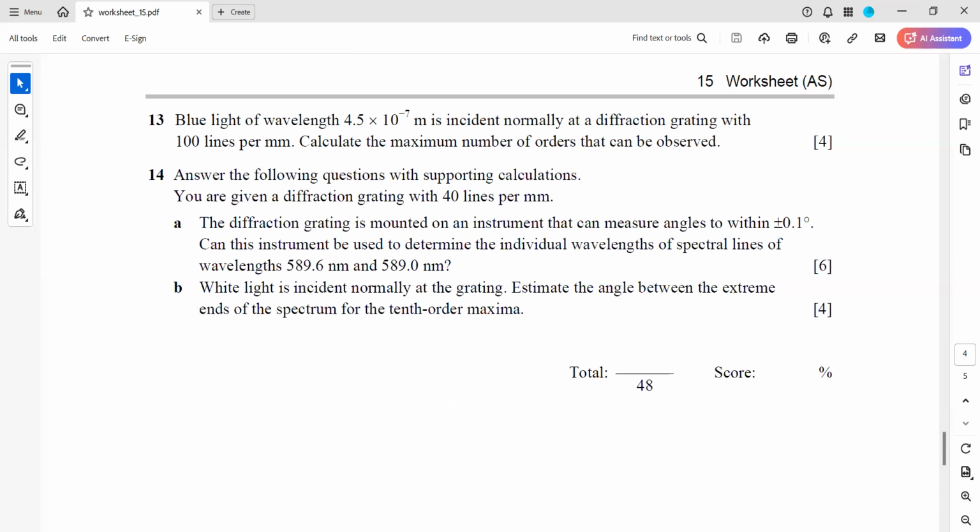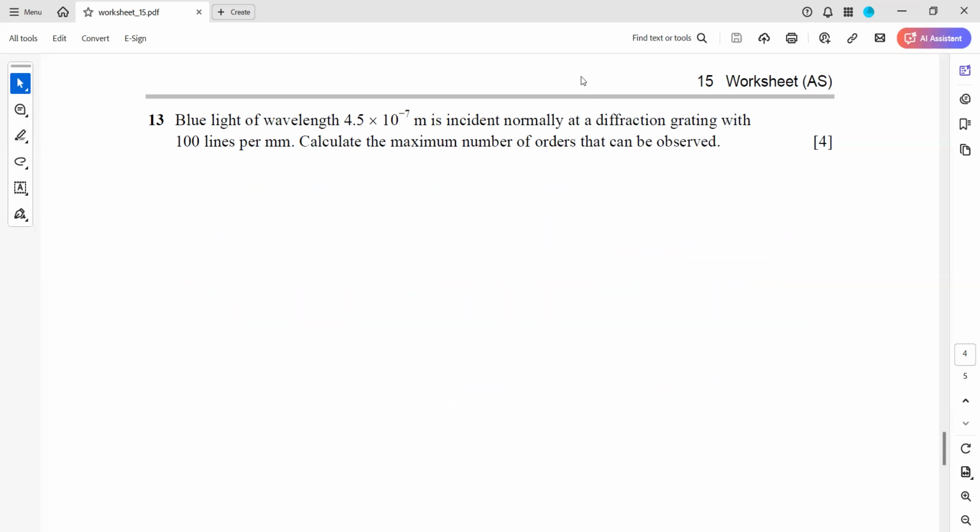So for the maximum value of n, for example, if this was a screen and here was a grating element, we'll have n equals 0 here, then n equals 1, n equals 2, n equals 3, n equals 4, and the maximum fringe, the maxima which you will observe, will be n equals 22.